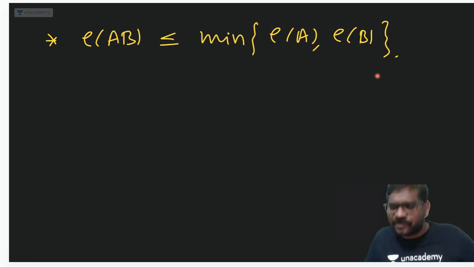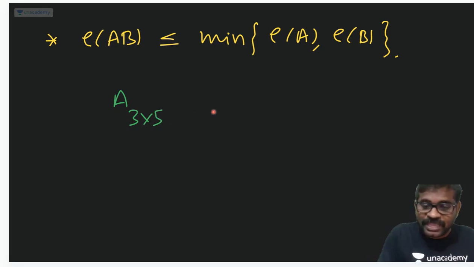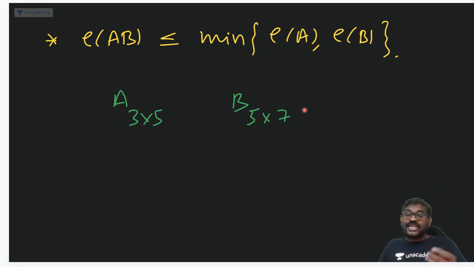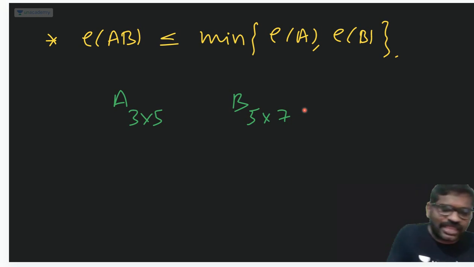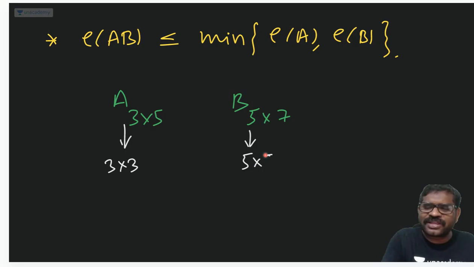For example, A is 3 cross 5, B is 5 cross 7. Tell me, what is maximum possible rank of A? What is maximum possible minor? 3 cross 3, na? I am talking about maximum possible.